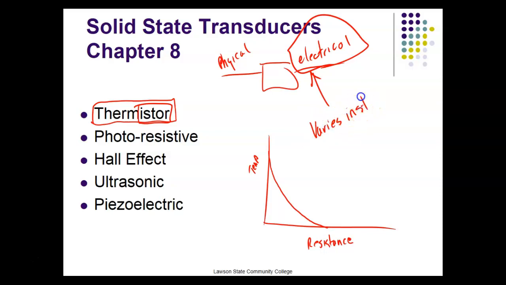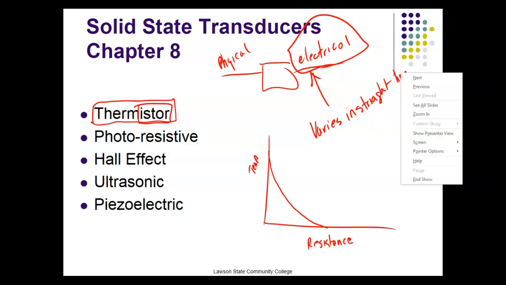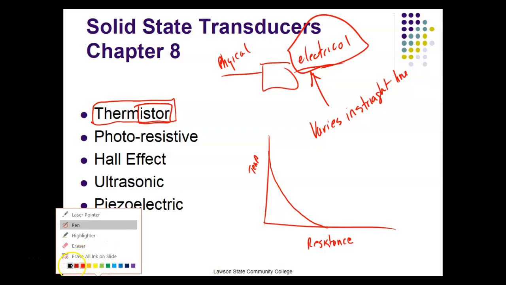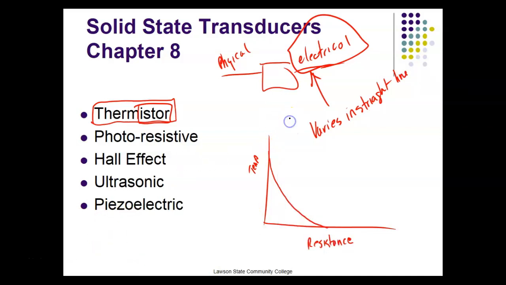No, that's not true. It's a good guess, though. So linear means it varies in a straight line. So if this was a linear device, then the line would look like this. It'd be a straight line, which means you could calculate that thing precisely.